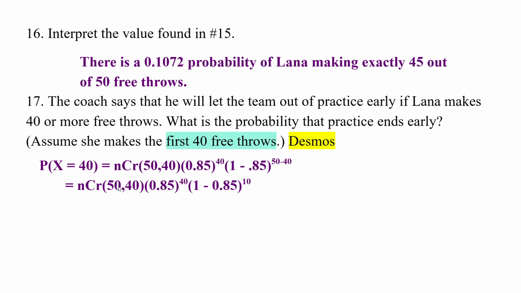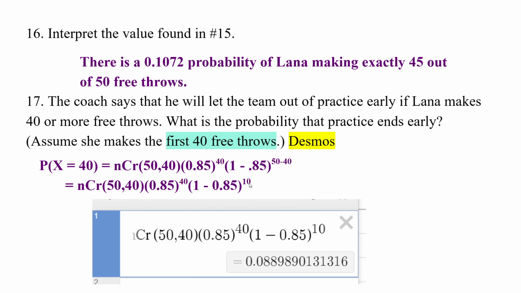I'm going to plug in the number of free throws that we're shooting, the number that we want, then our probability, the number we want here, and then 1 minus your probability, and then 50 minus however many you want, which is going to simplify down to 10 when we plug that into Desmos.